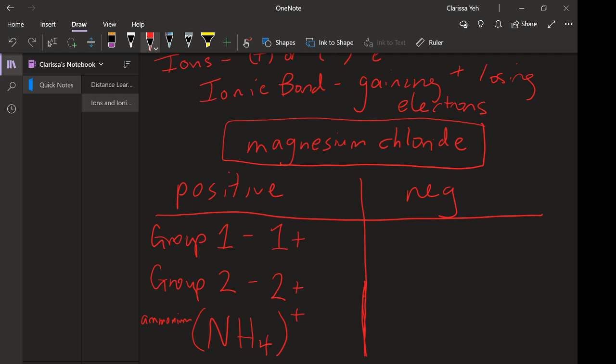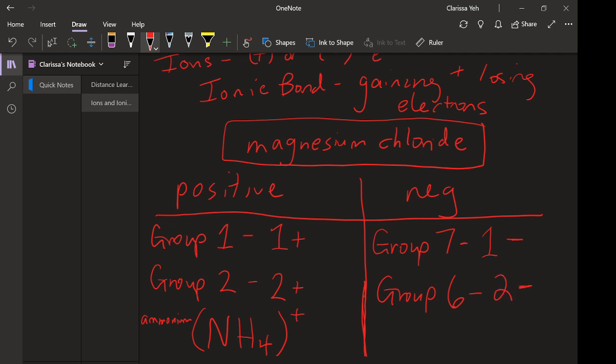So remember, group 0 is the one all the way on the right-hand side. They don't really form any charges because they already have full outer shells. So we'll start with group 7, the one that is just the one from the last column. They form a 1 negative charge. And then group 6, 2 from the last, are going to form a 2 negative charge.